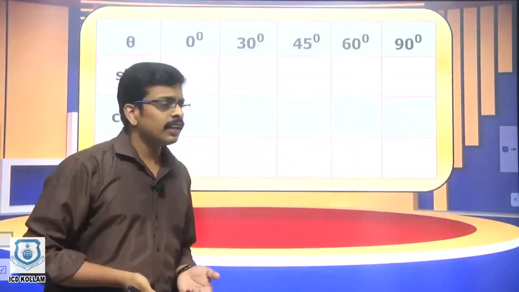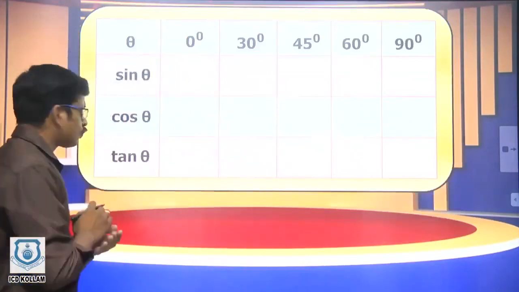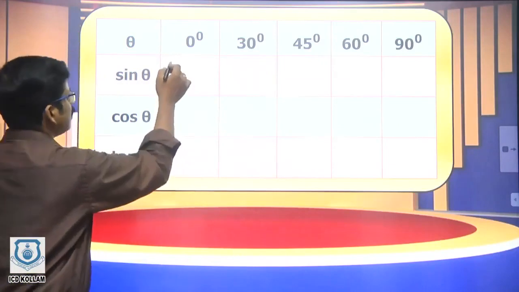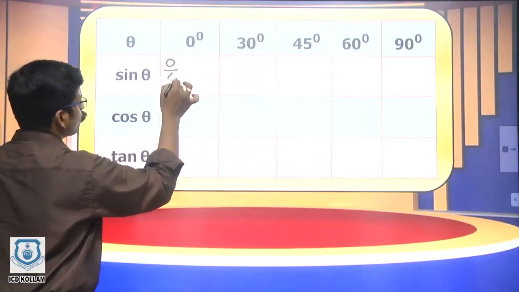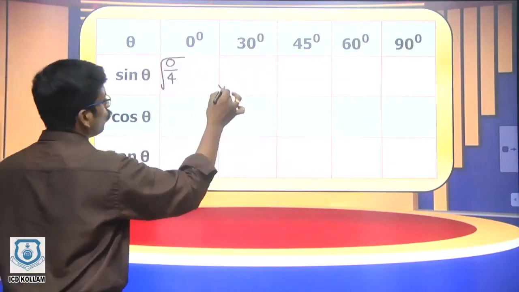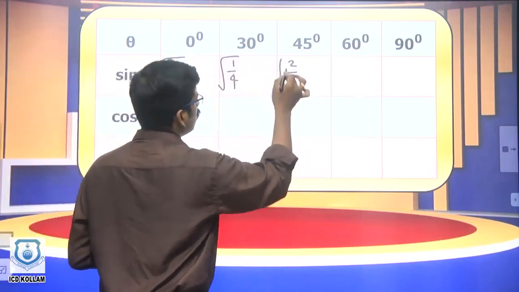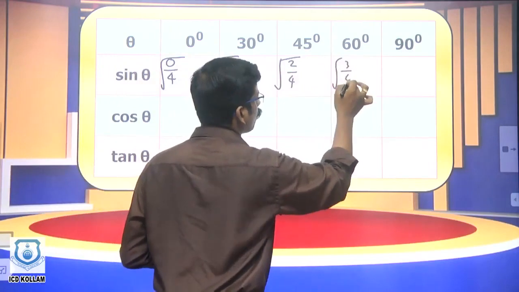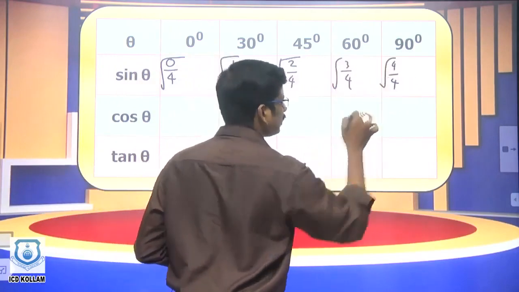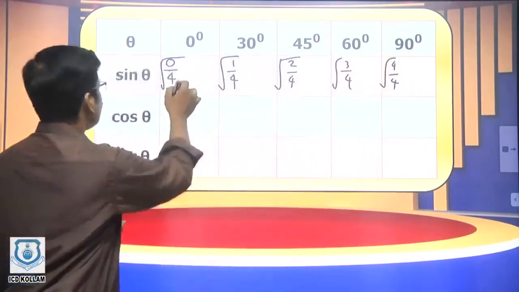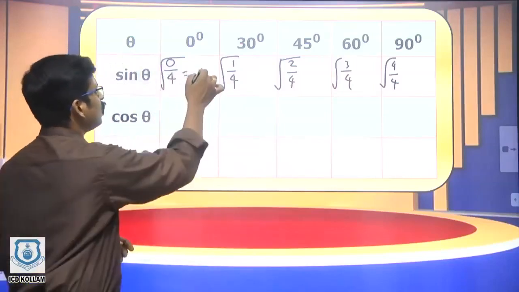For memorizing the values of sin, cos and tan theta, we can simply say this is square root of 0 by 4, square root of 1 by 4, square root of 2 by 4, square root of 3 by 4 and square root of 4 by 4, just for memorizing the values. So sin 0 is 0.